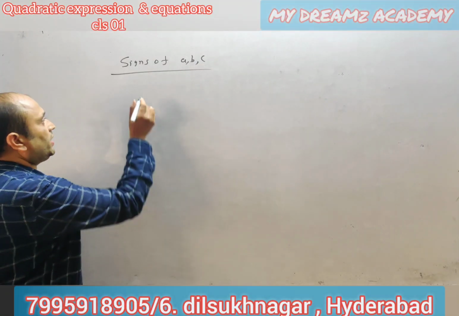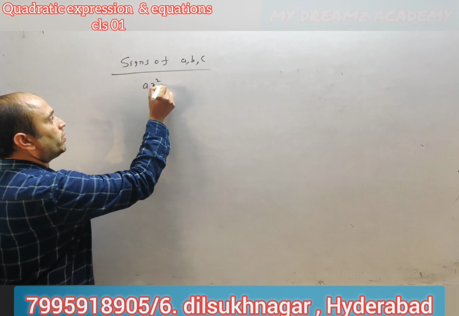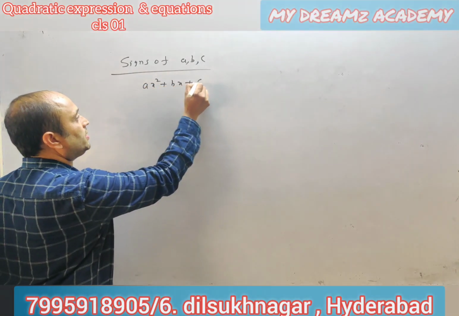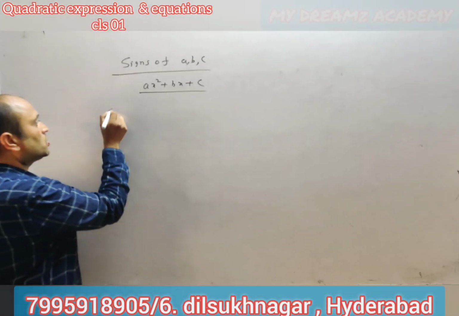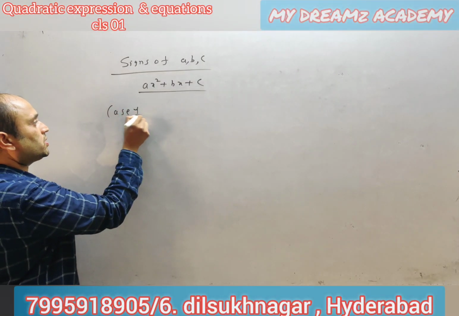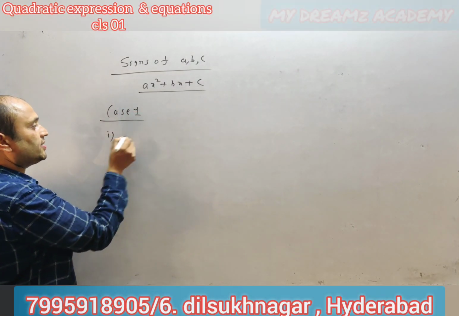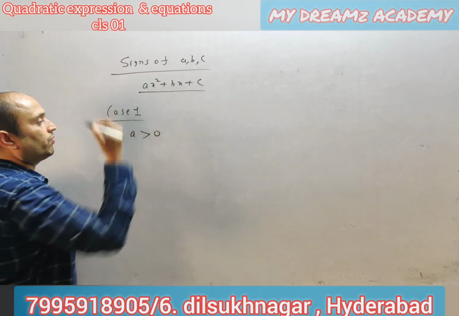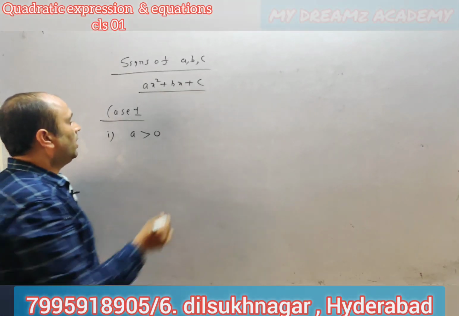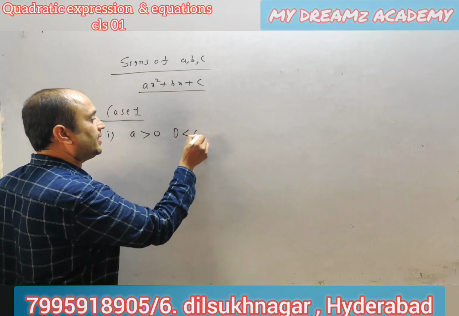Suppose ax square plus bx plus c is a quadratic expression. Case 1: a is greater than 0 and the discriminant is less than 0.